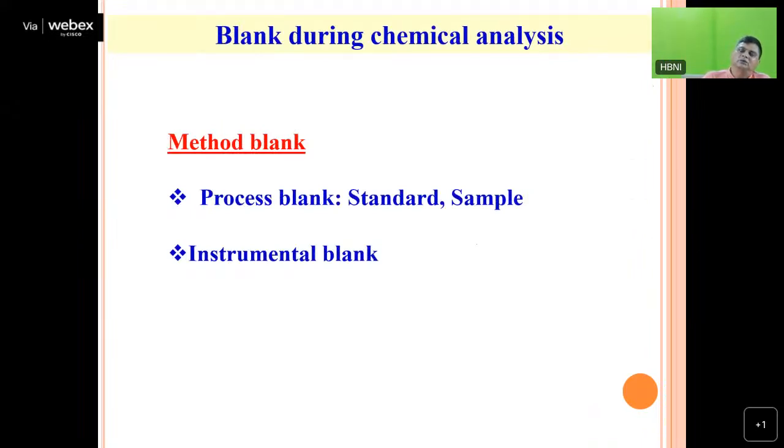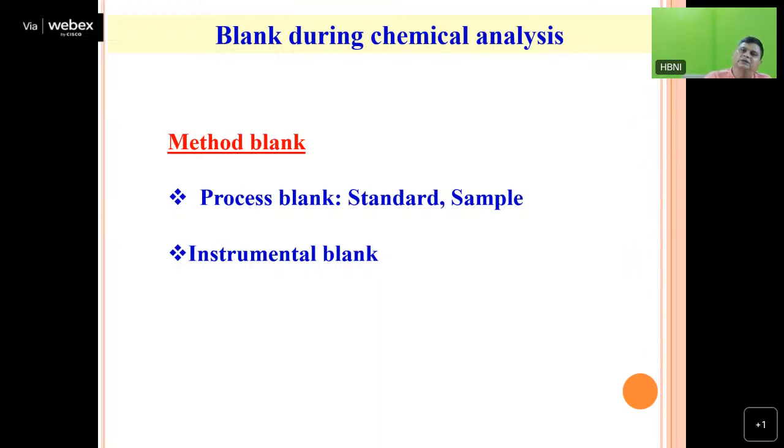See, method blank, as I told you, is a process blank. The process blank includes the standard and the samples. During the preparation of the standard we are also using deionized water and some other acid to make the standard solution or dilution.